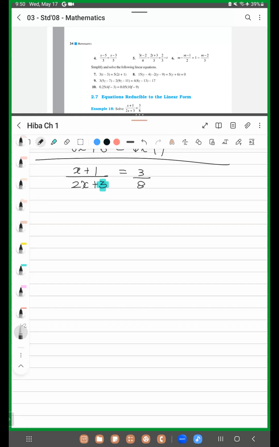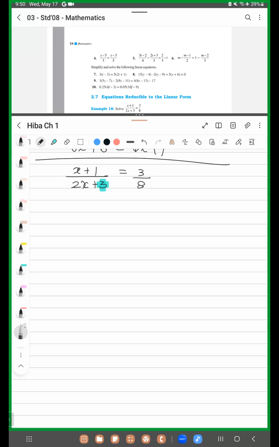See, what were you saying earlier? You were saying that we will bring the 3 to the other side. Remember? Bring it to the other side, so will it become into 3 or -3? What will it become? -3. Why minus?